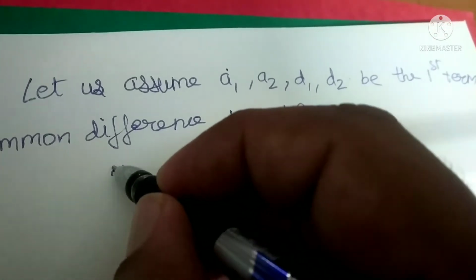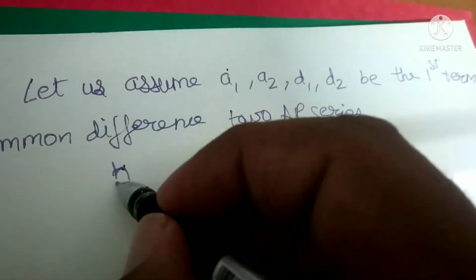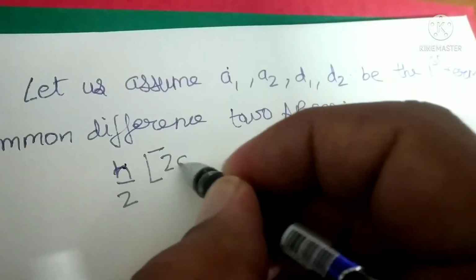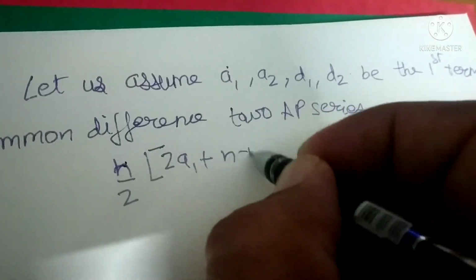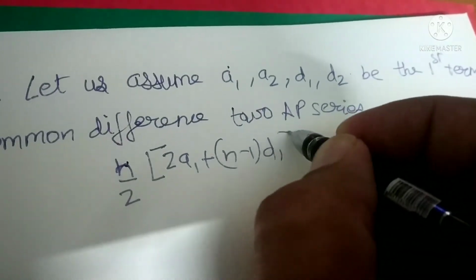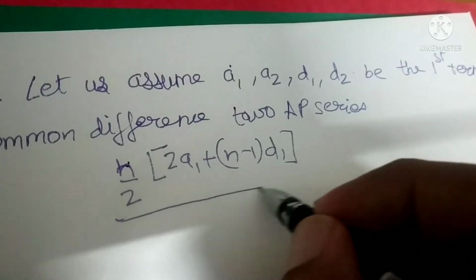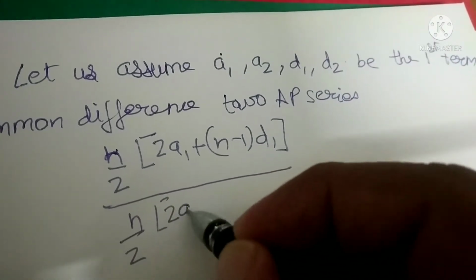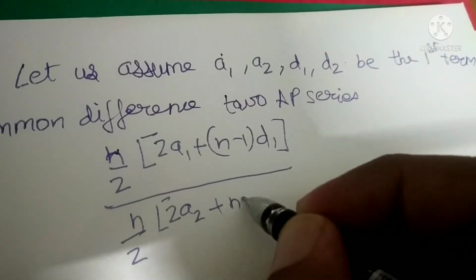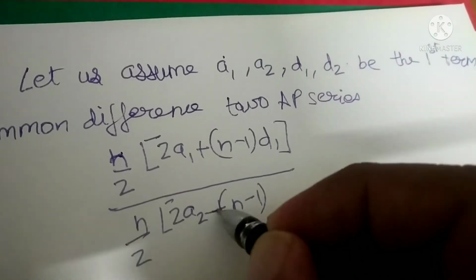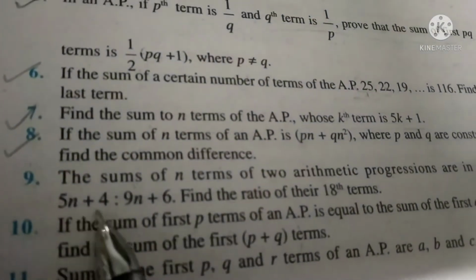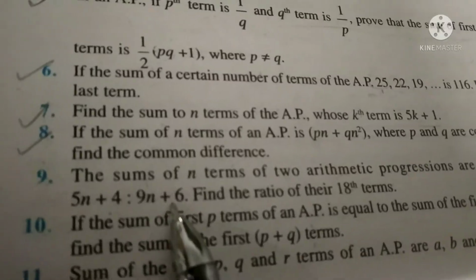Sn1 is equal to n by 2 into 2a1 plus n minus 1 whole into d1. This will be the first ratio. We divide it by n by 2 whole into 2a2 plus n minus 1 whole into d2. The ratio is given in the 9th question as 5n plus 4 is to 9n plus 6.